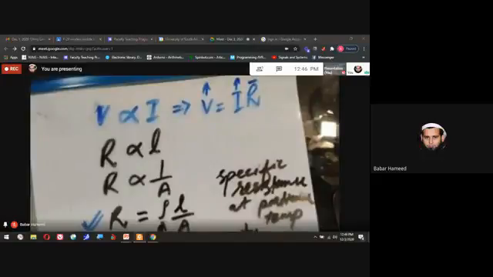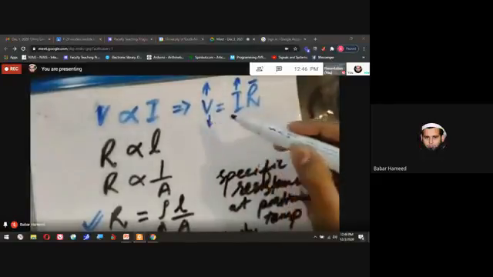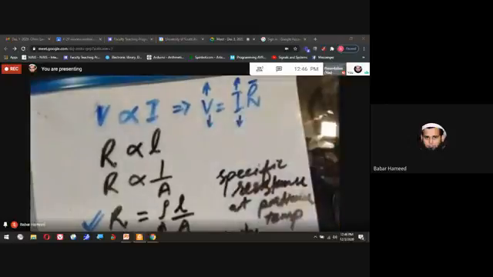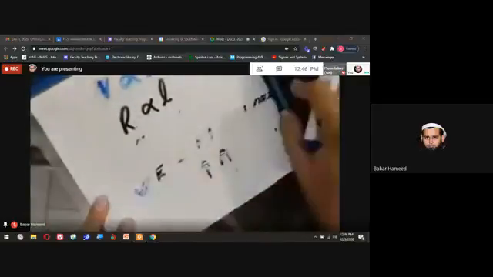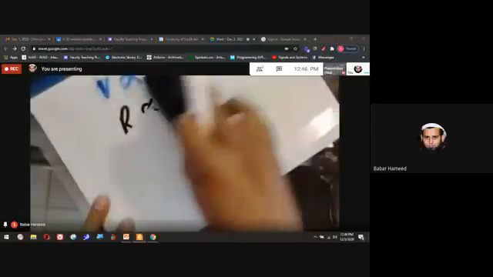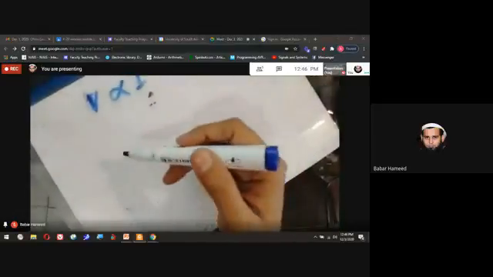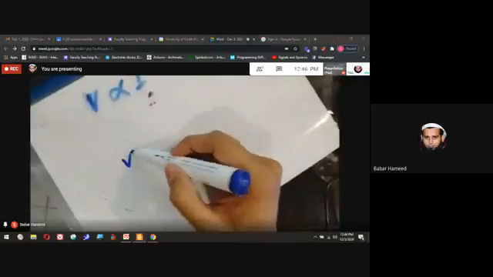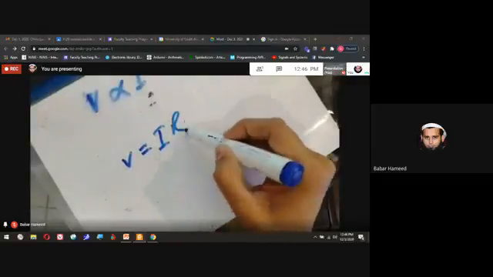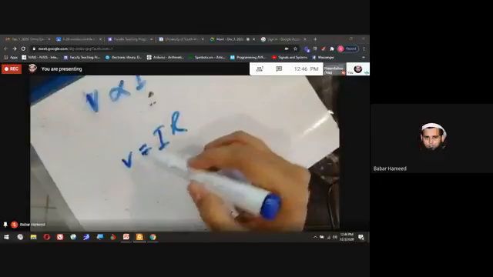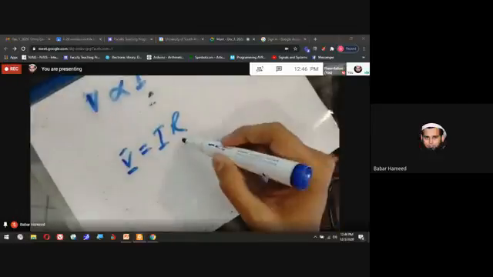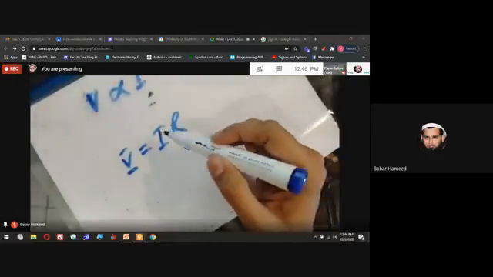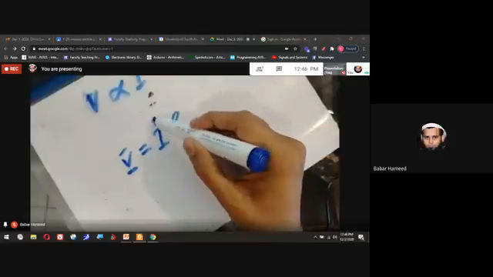And if voltage is decreased, I will decrease, given that R is constant. And on the other side, if V is constant, then if R is decreased, I will increase.